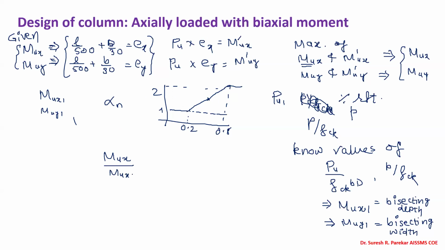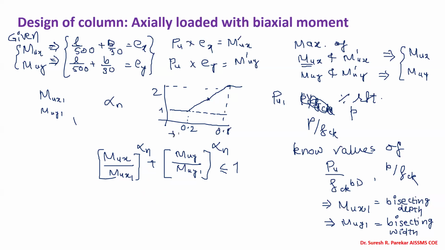Mux upon Mux1 to the power alpha n plus Muy upon Muy1 to the power alpha n should be less than or equal to 1. Likewise, we have Pu upon Puz.